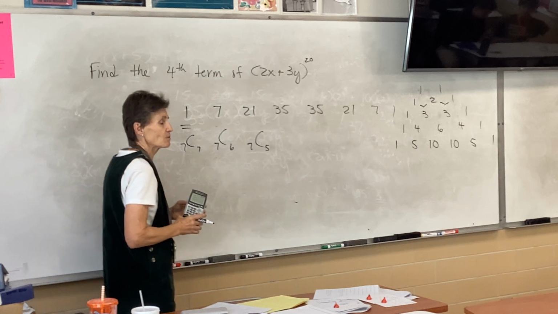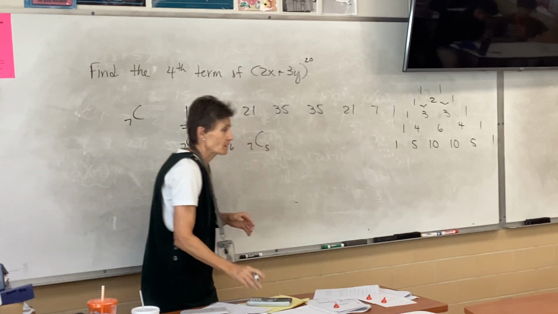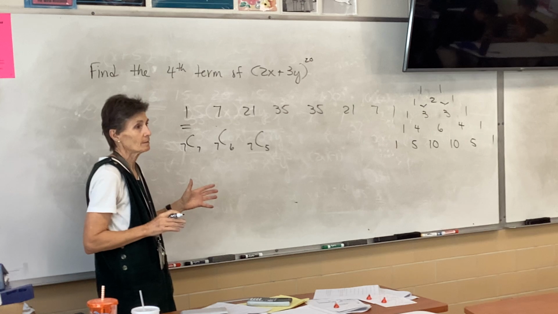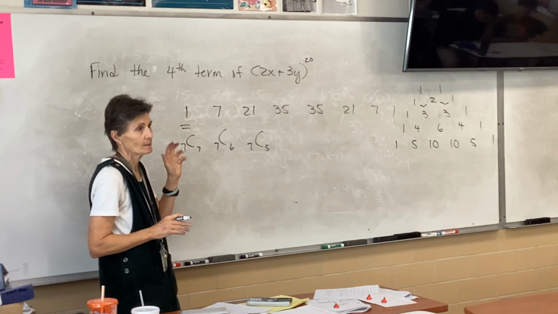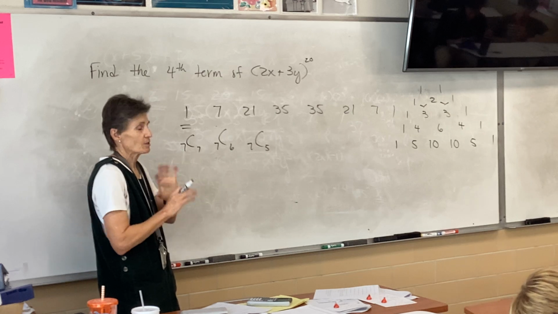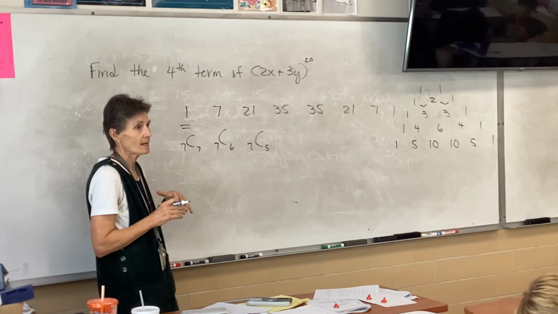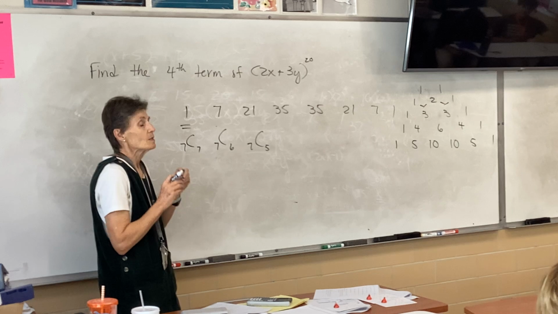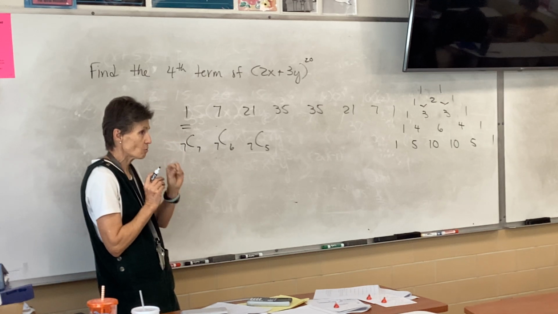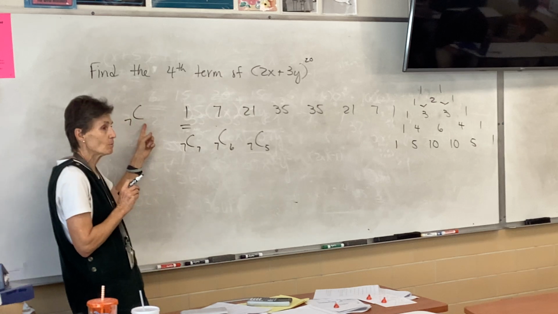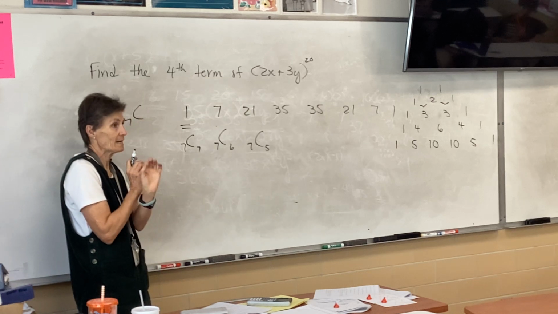The C stands for combinations. That's a huge conversation. Did you last year talk about combinations and permutations at all? Okay, so it's a huge conversation we're not gonna have today, but just know that the numbers in Pascal's triangle can be found with that nCr button.